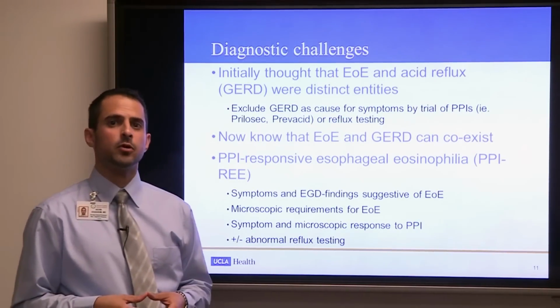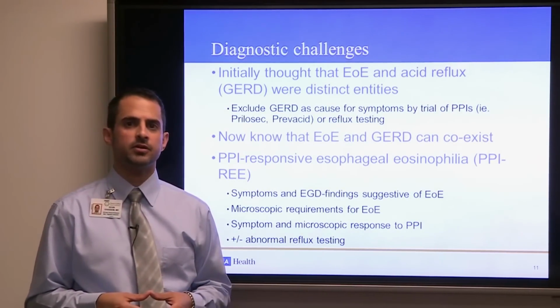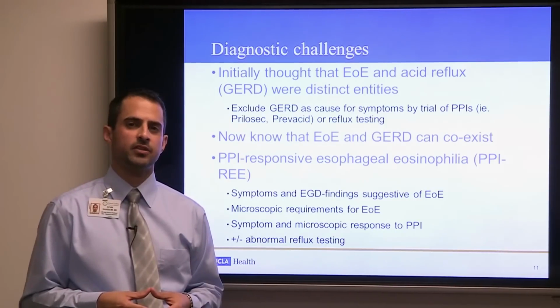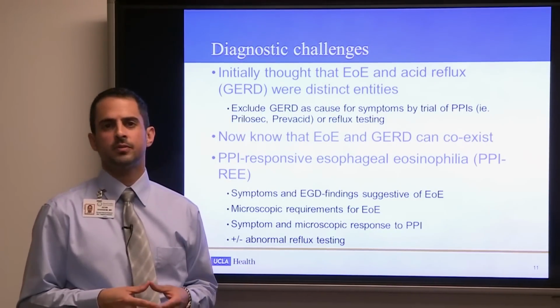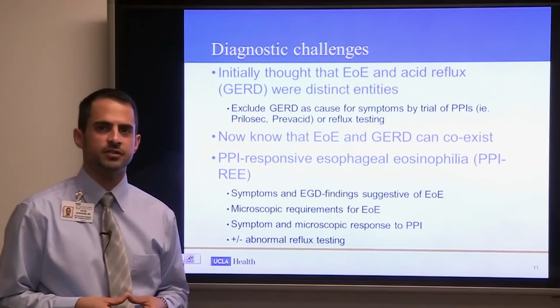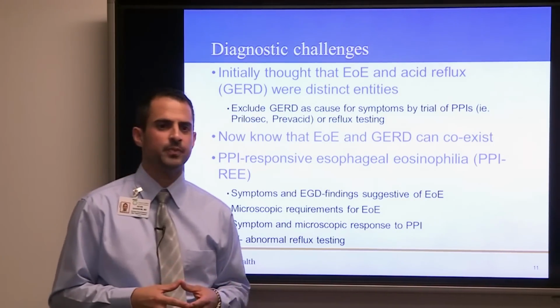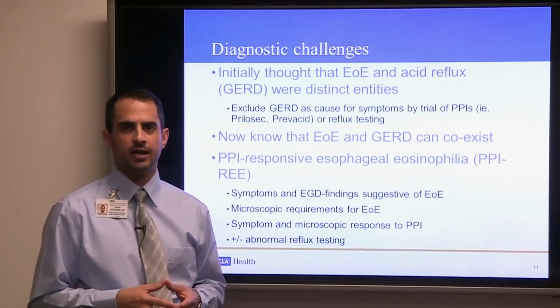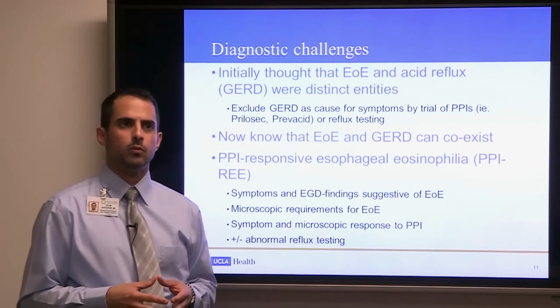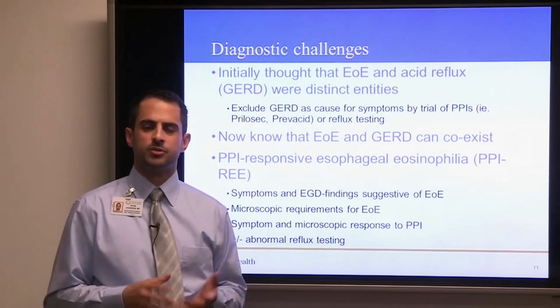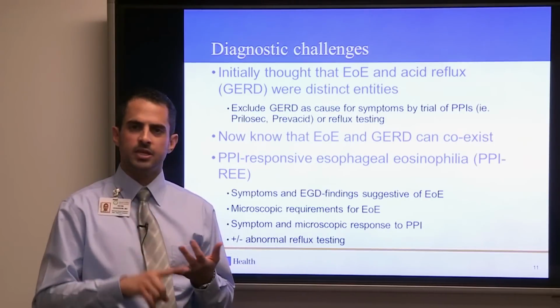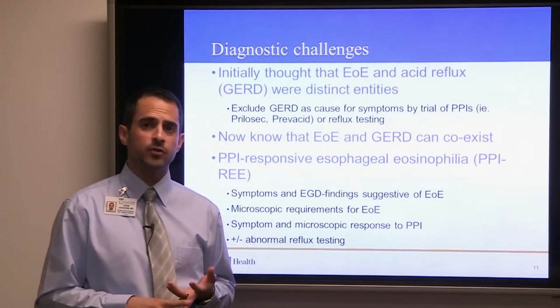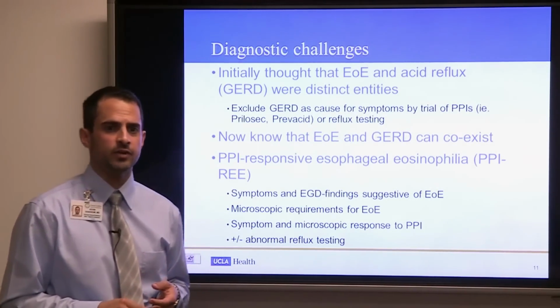But what makes things even more confusing is that just a couple of years ago, researchers found this concept called proton pump inhibitor responsive esophageal eosinophilia. That's a mouthful, otherwise known as PPIREE. And in this case, you have patients who have typical symptoms, typical endoscopic findings. They have more than 15 eosinophils per high-powered field.